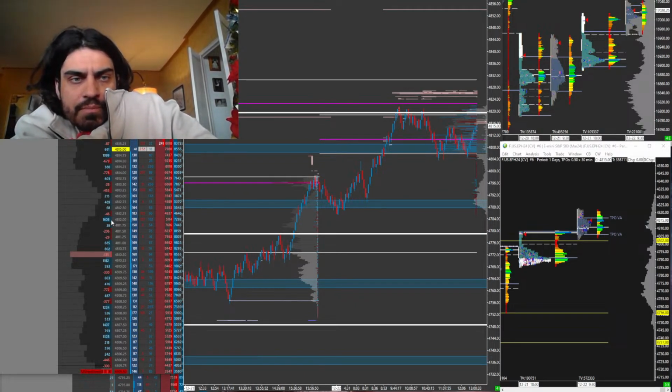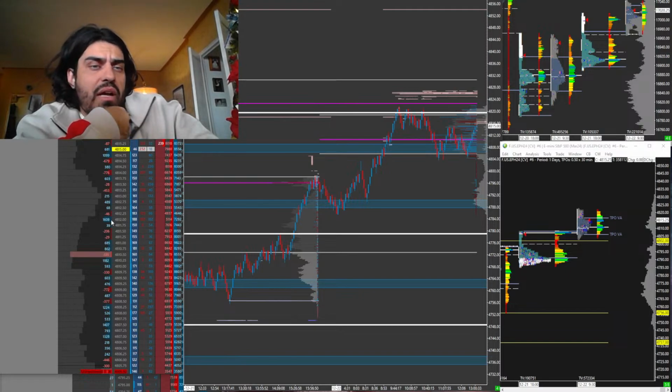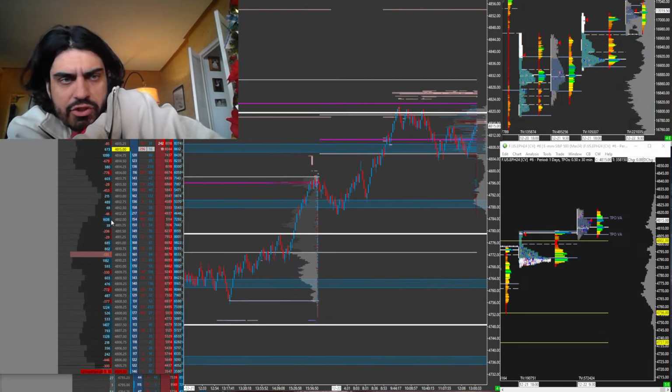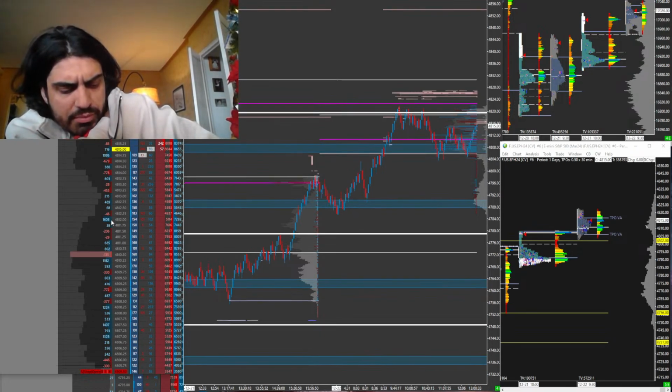We have a lot of passive orders resting at 16. So if they actually trade those, they go market buy, there should be a pretty swift pop to the upside.